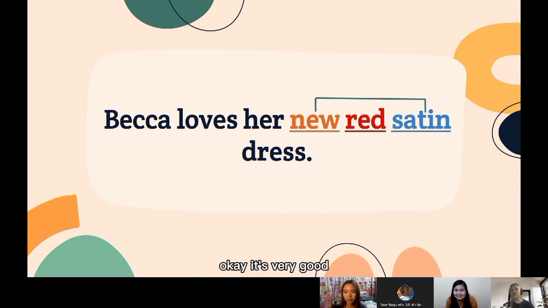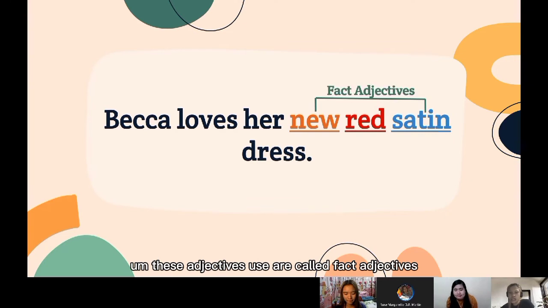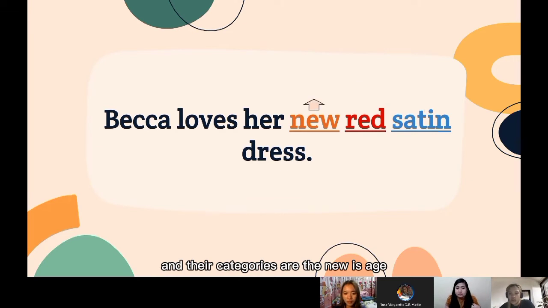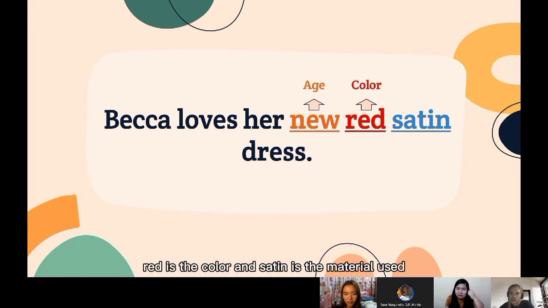Okay, very good. Now, based from that answer, these adjectives used are called fact adjectives, and their categories are: new is age, red is the color, and satin is the material used.